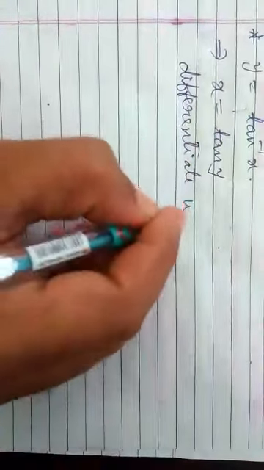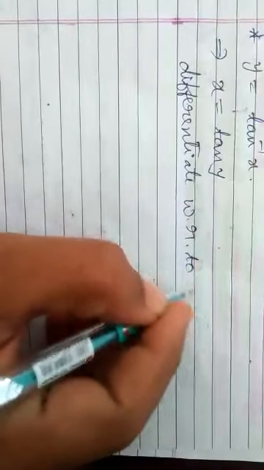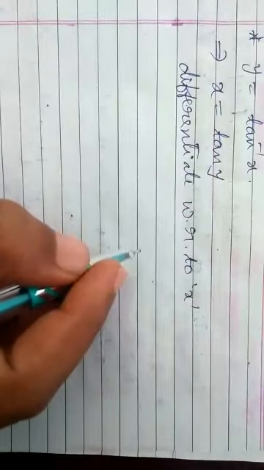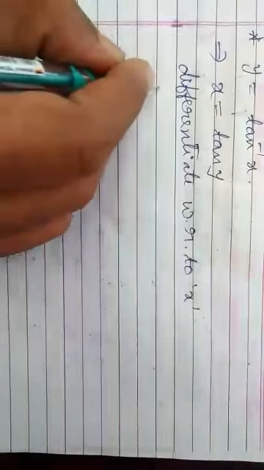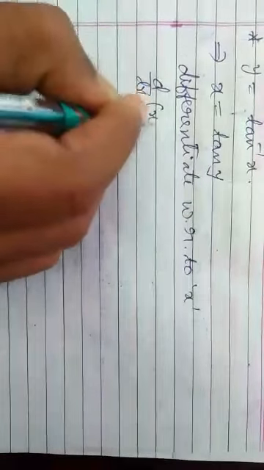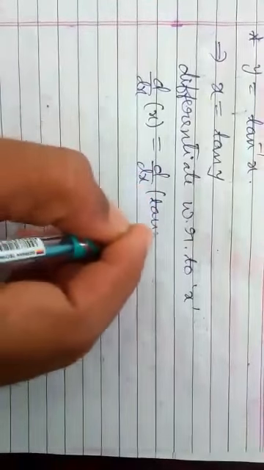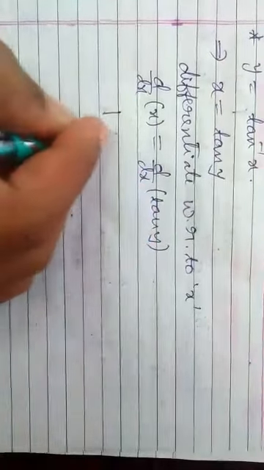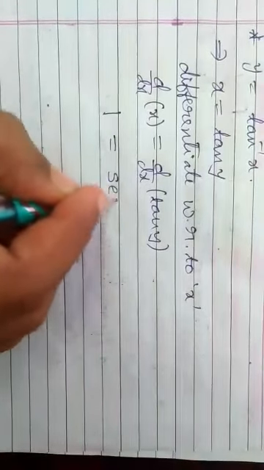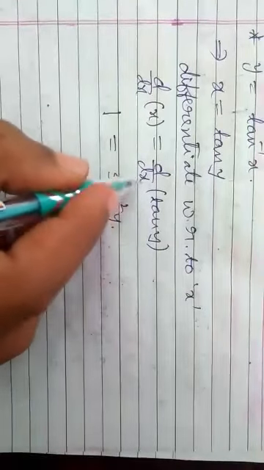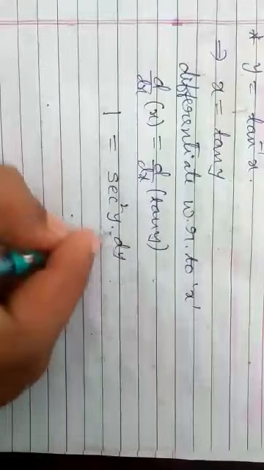Differentiate with respect to x. d by dx of x is equal to d by dx of tan y. What will come? 1 is equal to secant square y, and y with respect to x gives dy by dx.